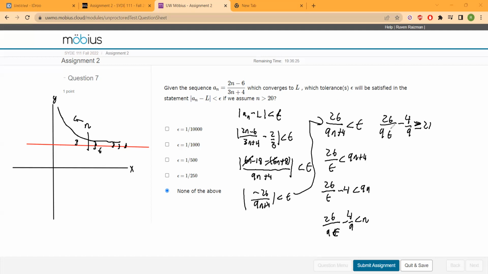Then we're just isolating for epsilon. So we get 26 over epsilon minus 4 is greater or equal to 21 times 9, and 21 times 9 is 189. Then we add 4, so 26 over epsilon is greater or equal to 193.